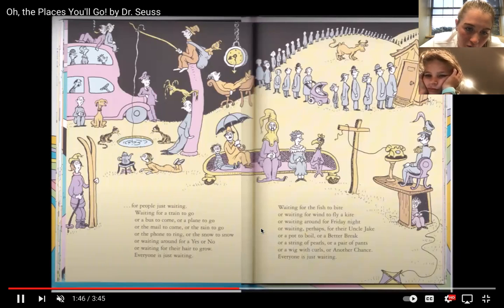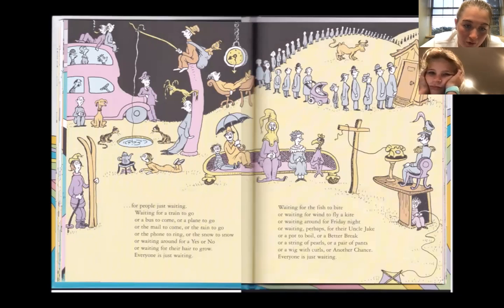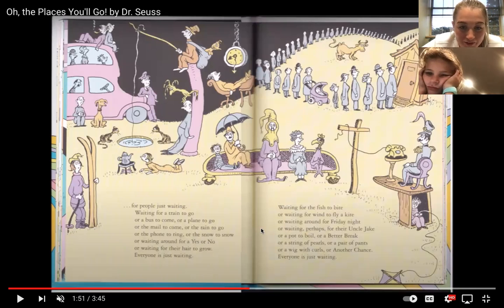Waiting for a train to go, or a bus to come, or a plane to go, or the mail to come, or the rain to go, or the phone to ring, or the snow to snow, or waiting around for a Yes or a No, or waiting for their hair to grow. Everyone is just waiting. Waiting for the fish to bite, or waiting for the wind to fly a kite, or waiting around for Friday night, or waiting perhaps for their Uncle Jake, or a pot to boil, or a Better Break, or a string of pearls, or a pair of pants, or a wig with curls, or Another Chance. Everyone is just waiting.